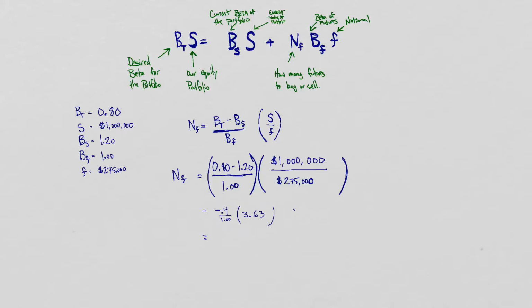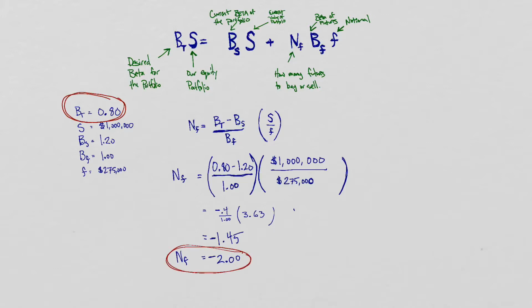And we get negative 1.45 futures. And let's just call that 2. So the number of futures contracts on the S&P 500 that we need to short in order to get the overall beta of this portfolio down to 0.8 is somewhere between 1.5 and 2.